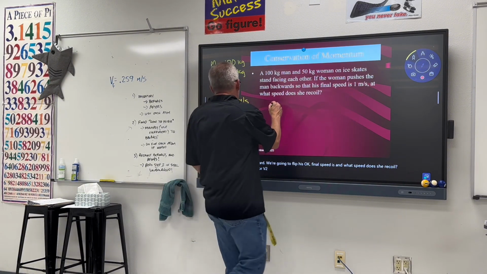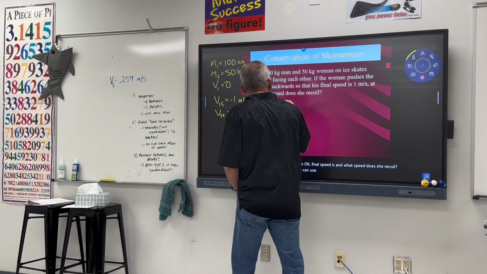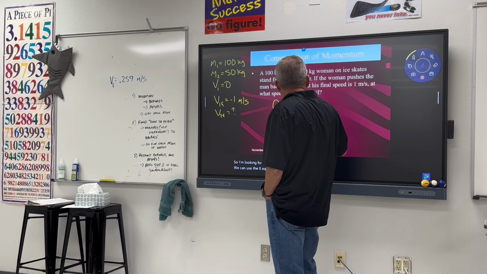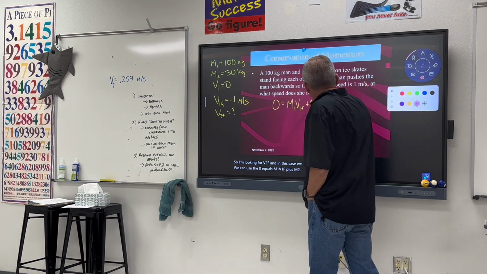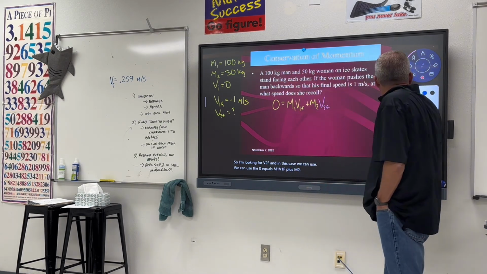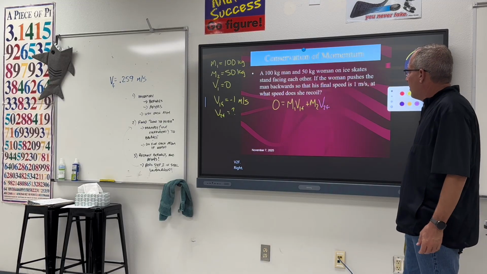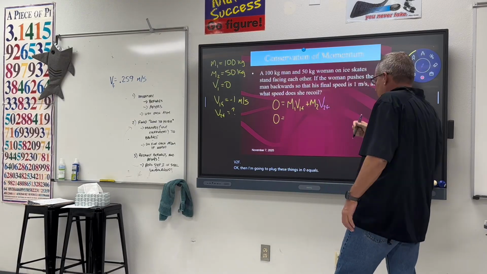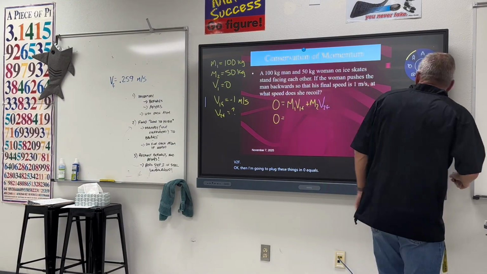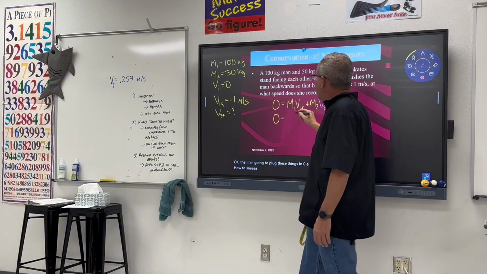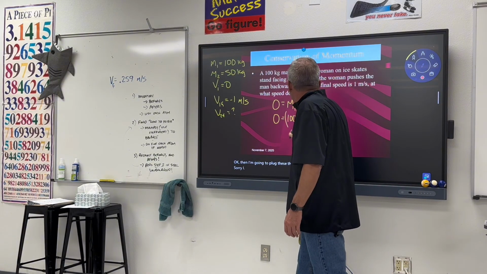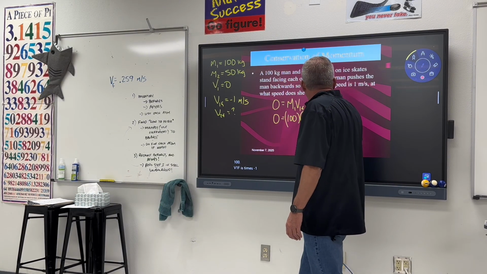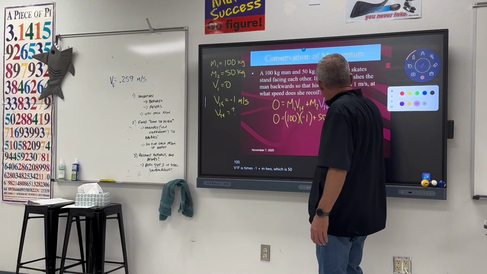In this case, we can use 0 equals M1 V1F plus M2 V2F. Then I'm going to plug these things in. 0 equals 100 times -1, since V1F is -1, plus M2, which is 50, times V2F.